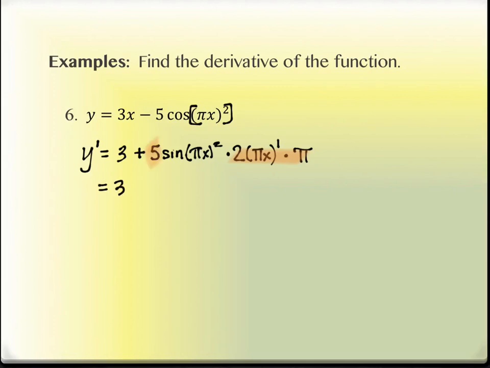So my 3 stays. I have 5, and then I have pi squared and x. Oh, 10. I forgot my 2. You're right. 10 pi squared and x. And then I have the sine of pi x squared.